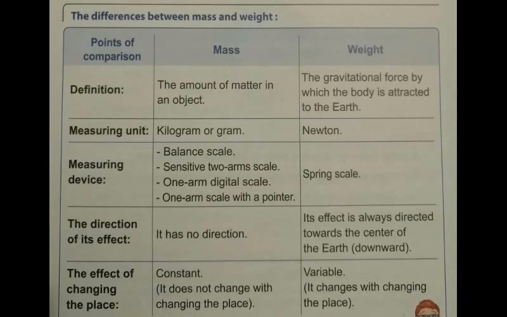Question number 10 compare between mass and weight، ودي شفناها في الجدول الأولاني خالص. هنعمل comparison ونعمل مقارنة ما بين الماس والويت من حيث الديفينيشن، من حيث measurement units، devices for measurement، وهكذا. هنعمله في شكل جدول.